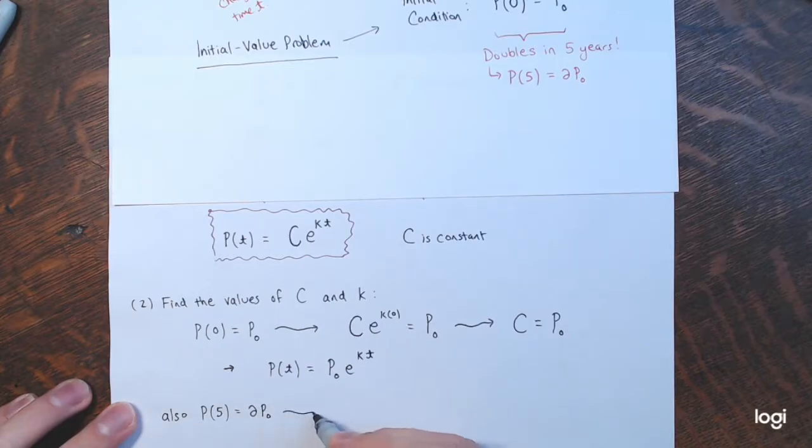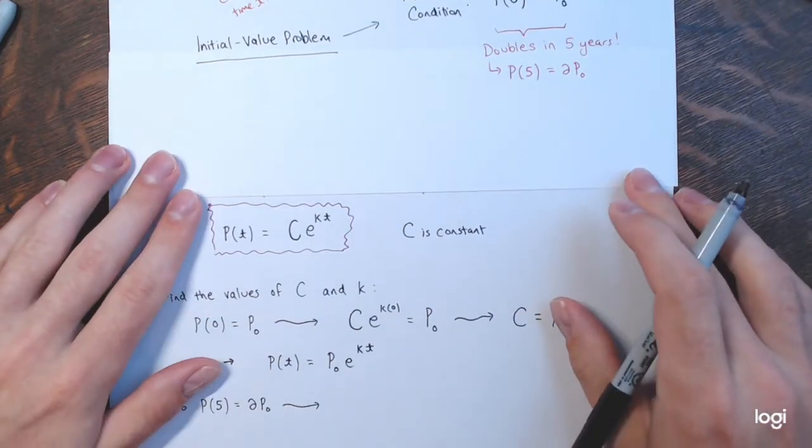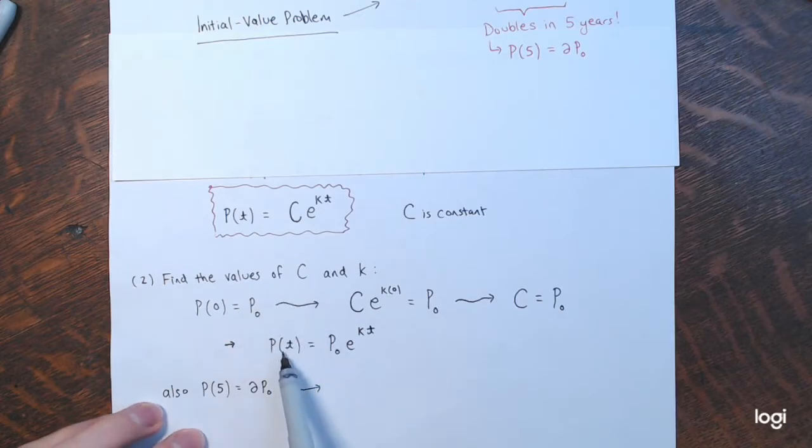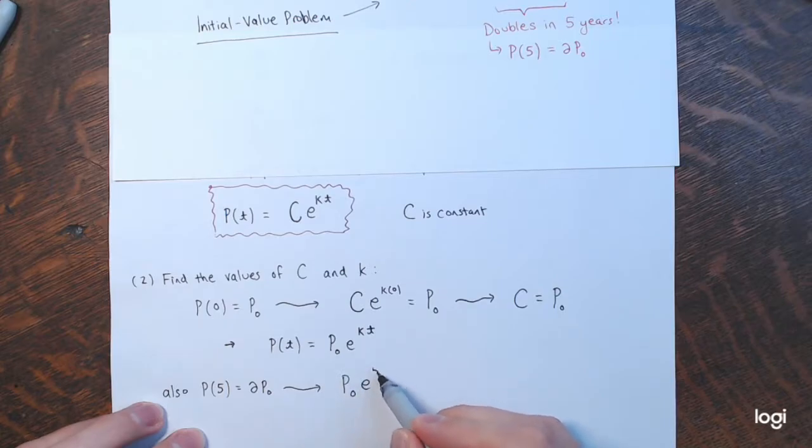That gives me another equation to solve for the constant k. I replace t with 5 in my model. Now p of 5 would simply be p sub 0 times e to the 5k, and this should be equal to 2 times p sub 0.